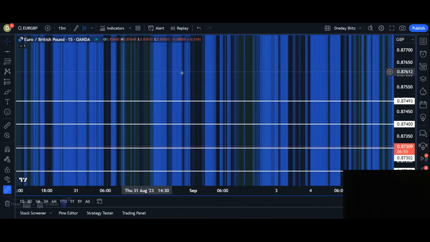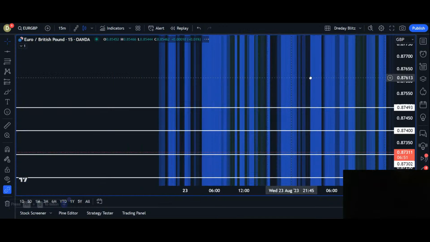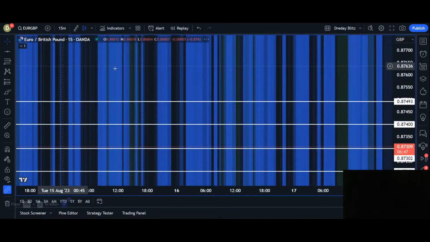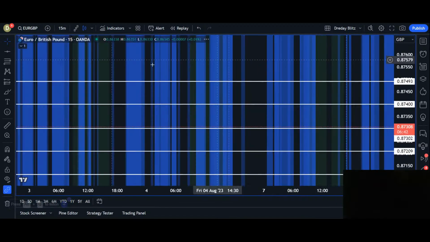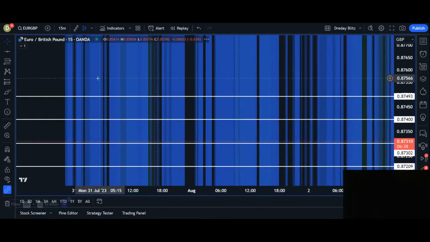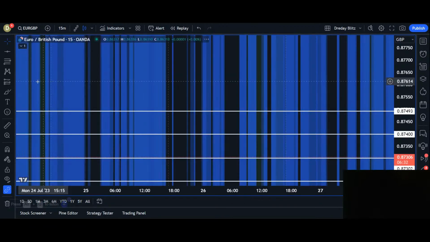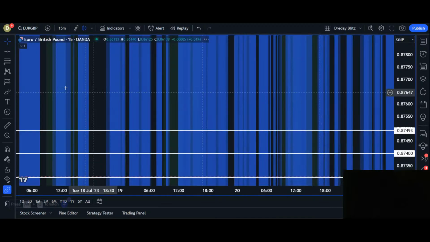Now we're in August. So in August, it never went to that price yet. Never went higher than that. Still in August.